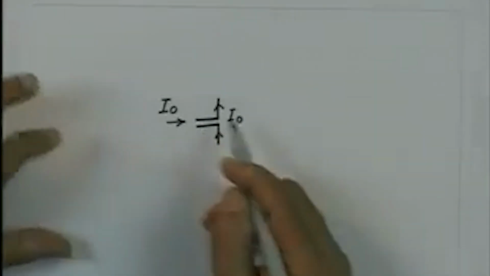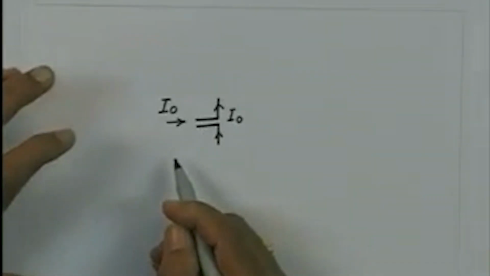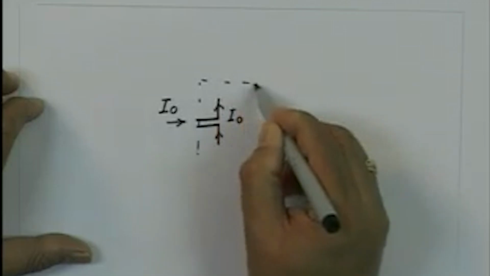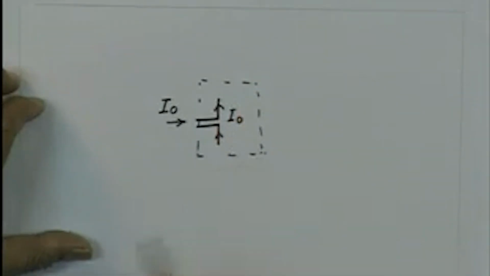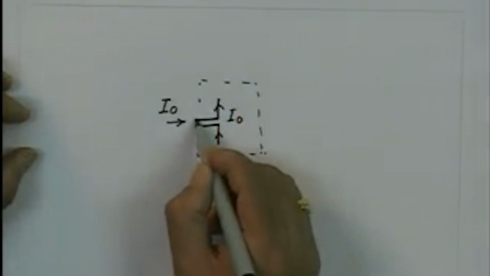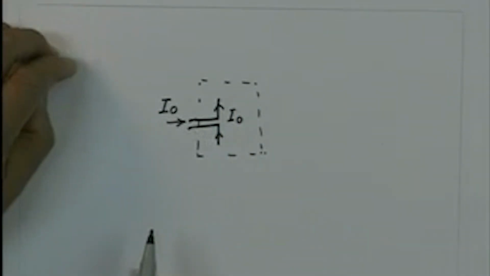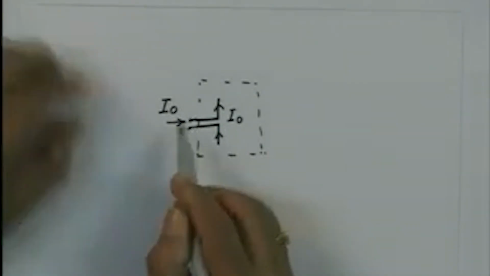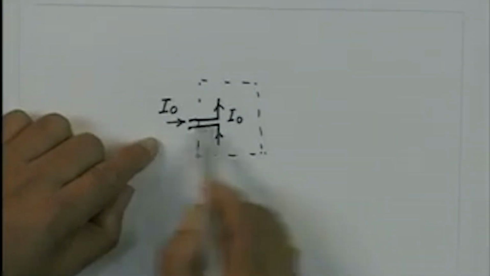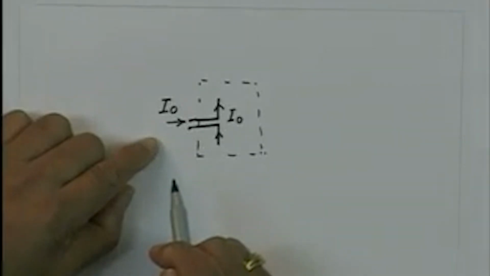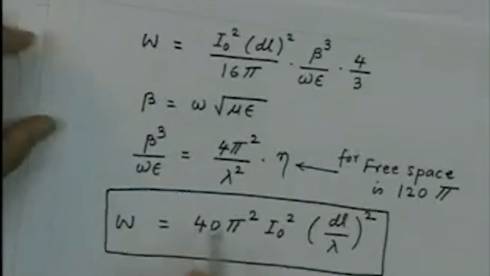So, if I see from the input terminal side, since the antenna is radiating and this power is now going away from the structure, if I enclose this antenna in a black box, and just observe the characteristic only on the terminal of this antenna, it will appear we have a current I0 going inside the terminals of the antenna and so much power is radiated by the antenna. That means this box has consumed so much power.